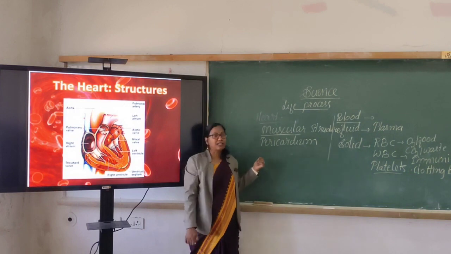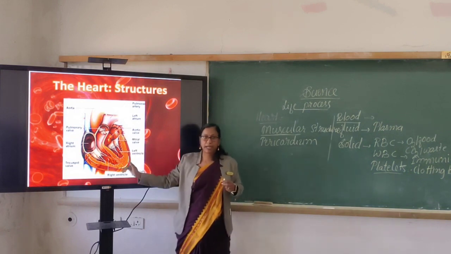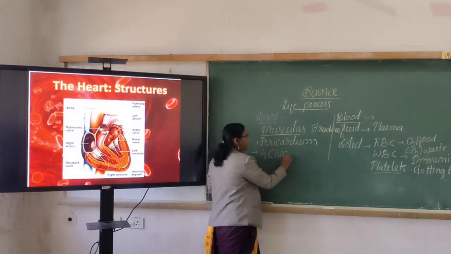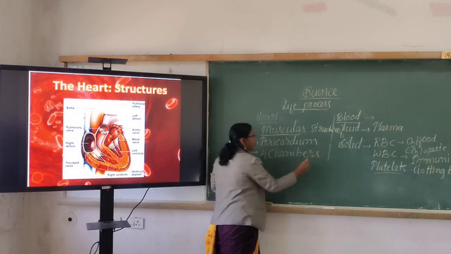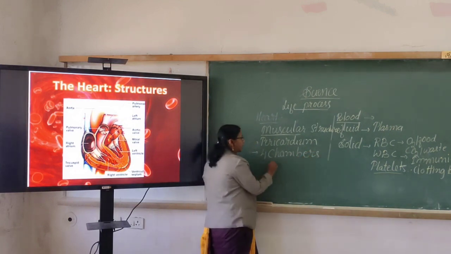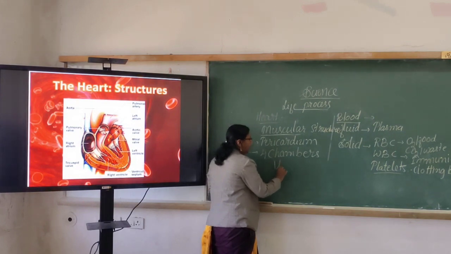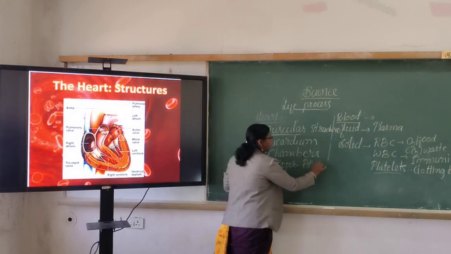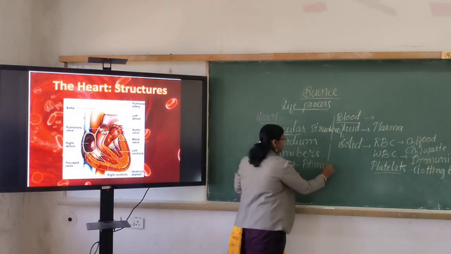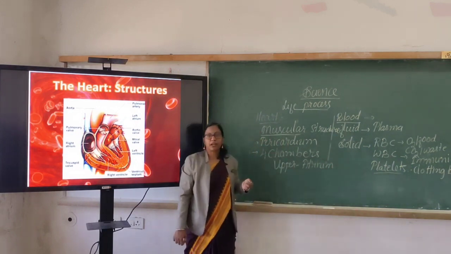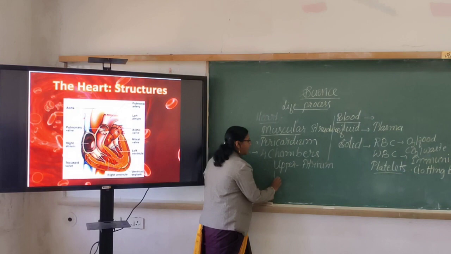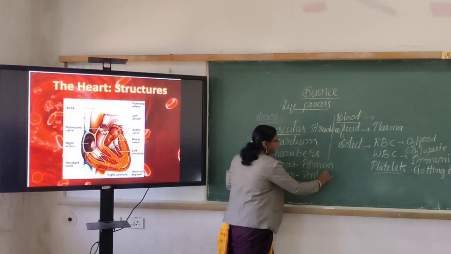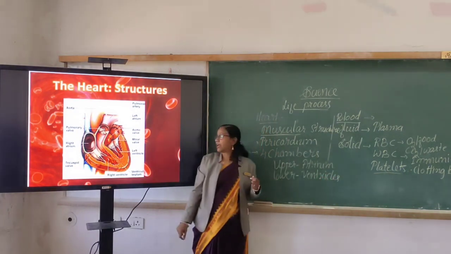And the heart consists of 4 chambers, upper chambers and lower chambers. The upper chambers are called atrium and the lower chambers are called ventricles.